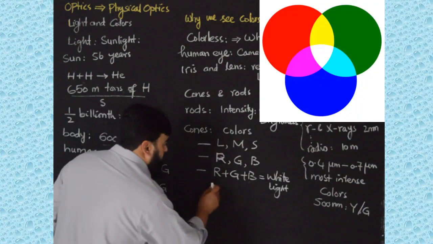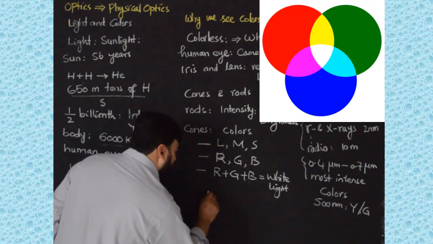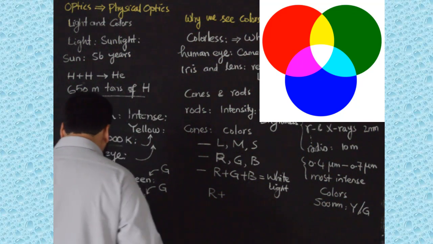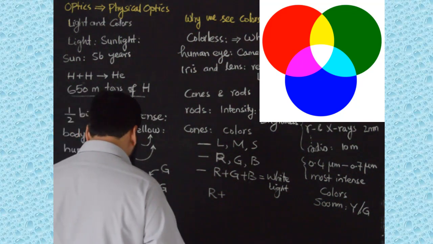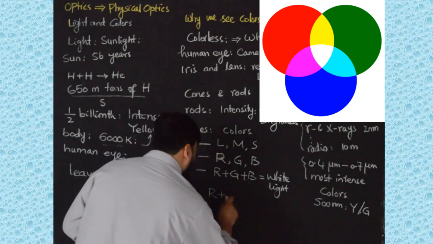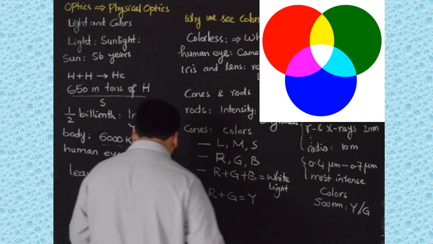If we start merging these colors, if I merge the red color with the green color, then I will have a yellow color.